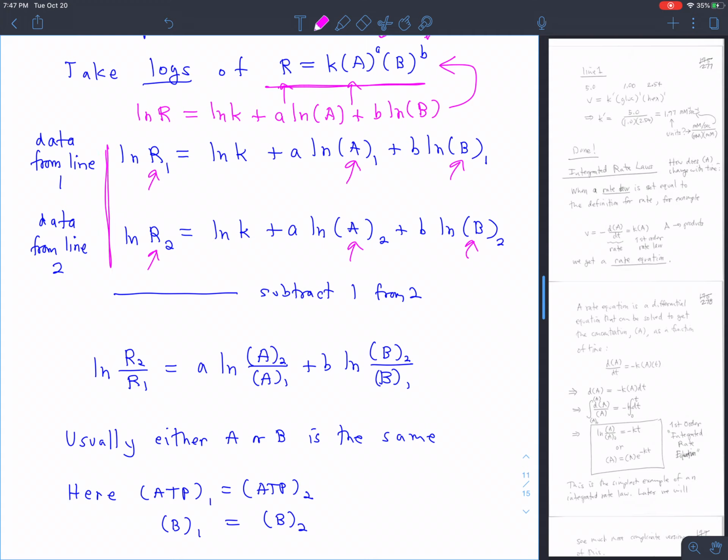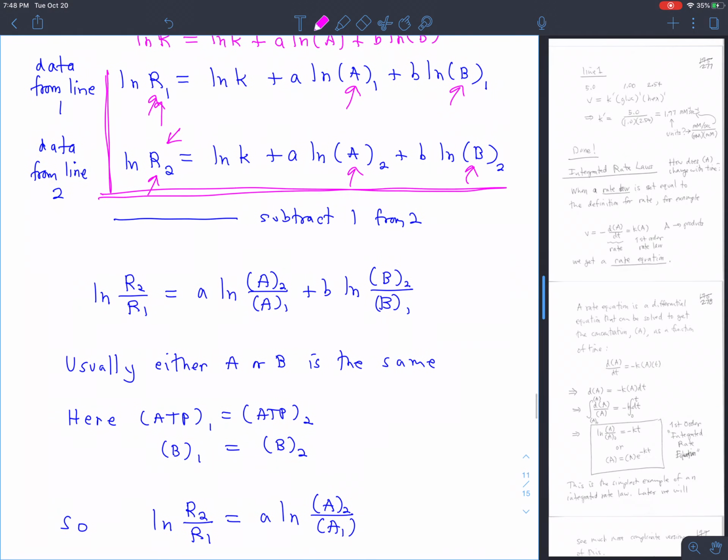One holds for row 1, the other holds for row 2. Let's subtract these two relationships from each other. Actually, I'm going to subtract this one from that one. When I do that, I'm going to get the log of R2, the rate for row 2, over the rate for row 1. In other words, by what factor did the rate change in going from row 1 to row 2?